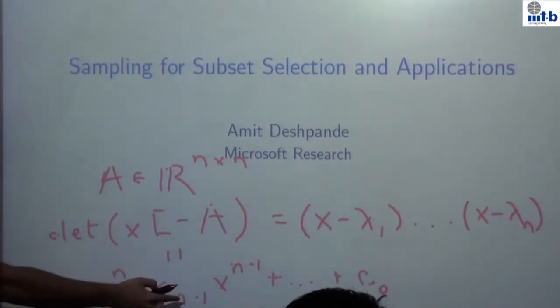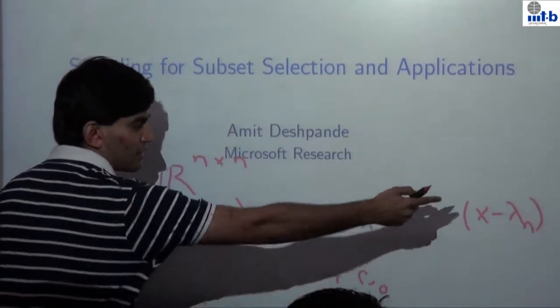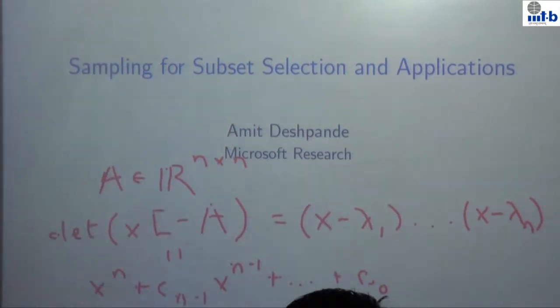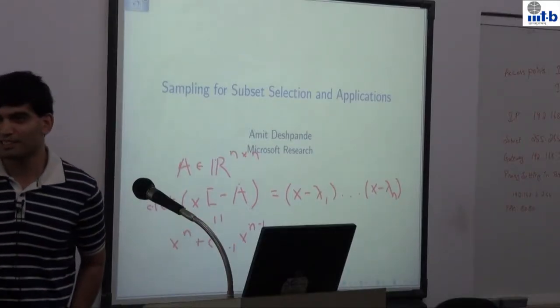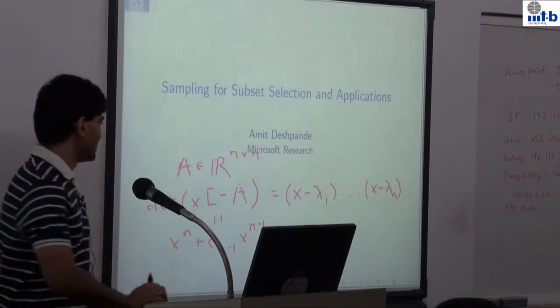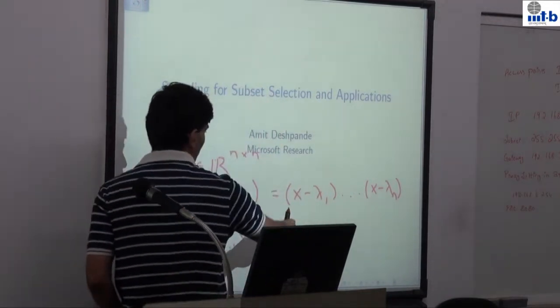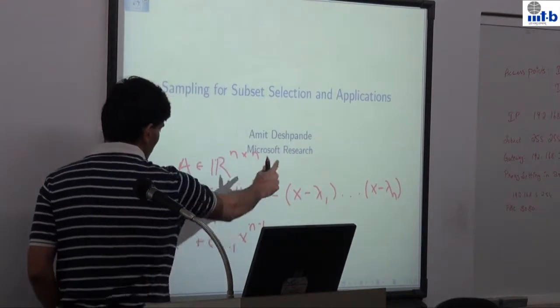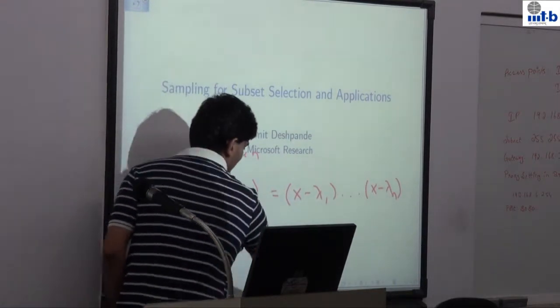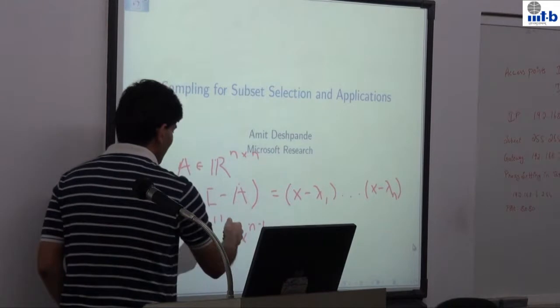There is a relationship between these coefficients and the roots of the polynomial. That is also something we learn in high school algebra: when you multiply the roots, there is a relationship between those roots and the coefficients.